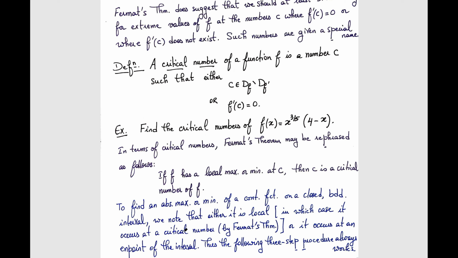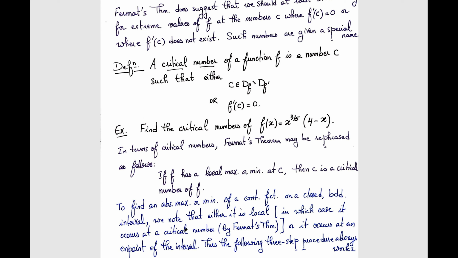And this discussion is embedded in the three-step procedure on the next page. Remember, this page here is something we just wrote. And this is the three-step process that I was alluding to. And it goes like this. It's referred to first as the closed and bounded interval method. It's very natural, as we just discussed.